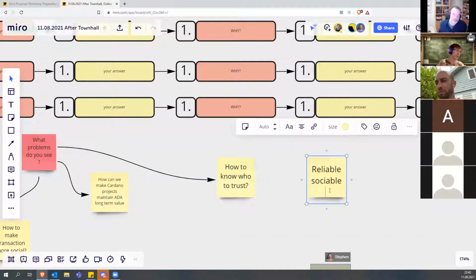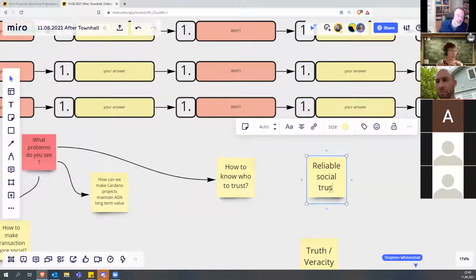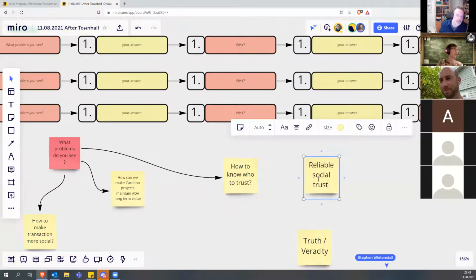Social, what was it? So reliable social trust. Yeah, there you go. And possibly to establish reputation.